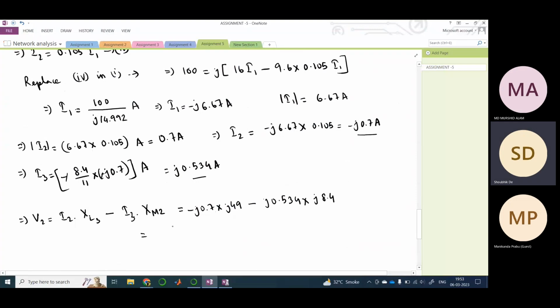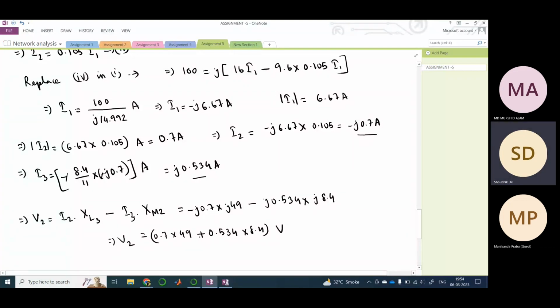Therefore this minus and minus will become plus. Similarly for this, we will get something like 49 plus 534 into 8.4. So this will be V2.